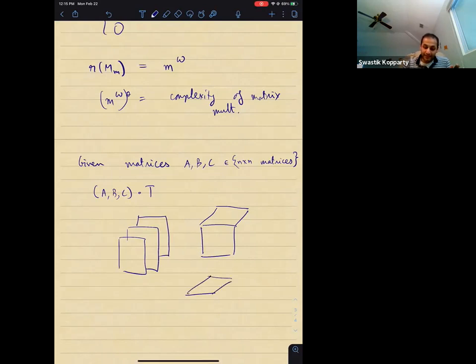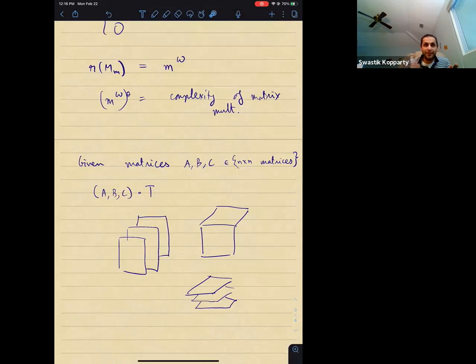B acts on the slices in this direction, takes linear combinations of them, and produces more slices in that same direction. These actions commute with each other. If you act first on slices in one direction by taking linear combinations, and then on slices in the other direction, it doesn't matter which you did first. There's an explicit formula one could have written for this action.